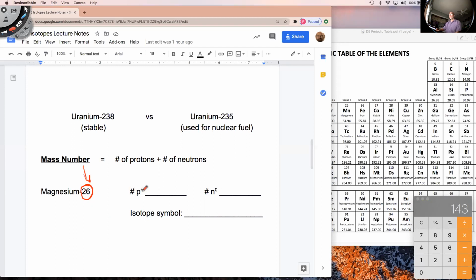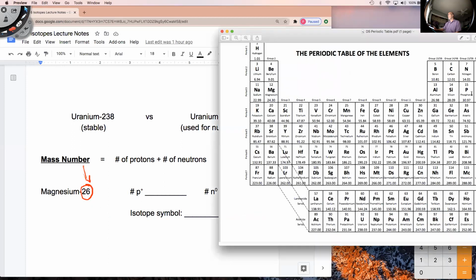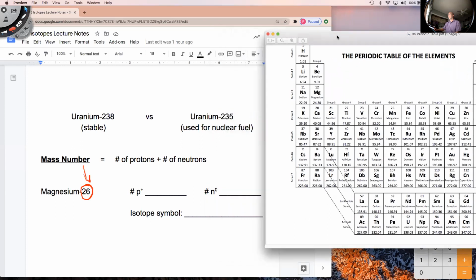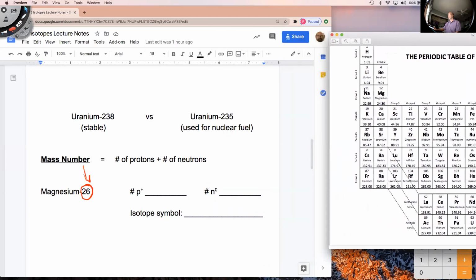We need to find out the number of protons. So let's go to our periodic table and find magnesium. Magnesium is going to be right there. Magnesium is element number 12. All right. And the atomic number 12 means magnesium has 12 protons.